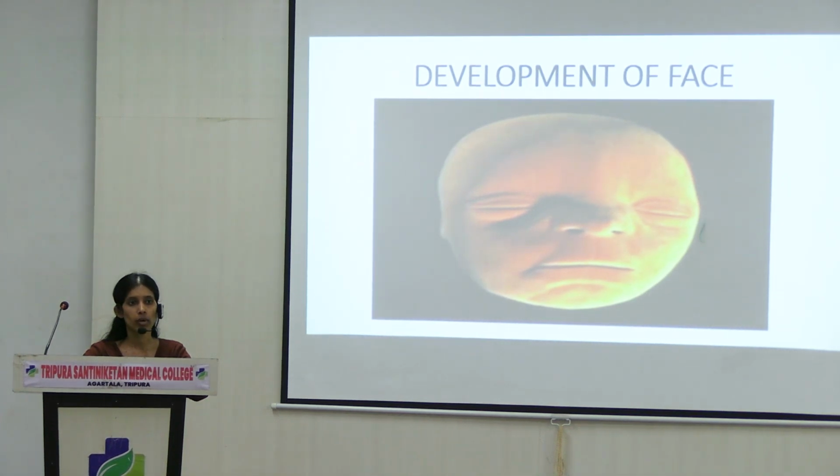Okay. So your mandibular process will join on both the sides and give rise to lower lip and lower cheek regions, whereas your maxillary process will not combine or fuse with each other at this particular point.